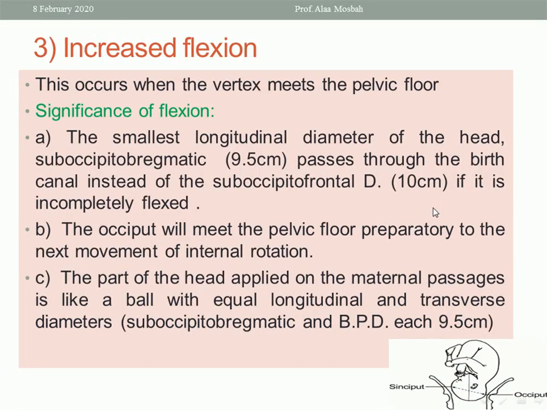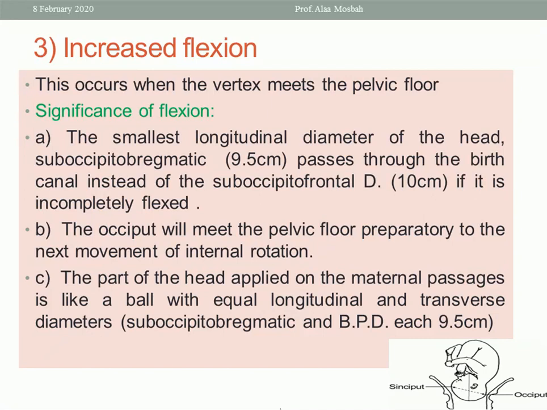The next step after descent and engagement is increased flexion. As in the picture, this occurs when the vertex meets the pelvic floor. The significance of the flexion: the smallest longitudinal diameter of the head, the suboccipitobregmatic, 9.5 centimeters, passes through the pelvic canal instead of the suboccipitofrontal diameter, which is 10 centimeters if it is incompletely flexed.